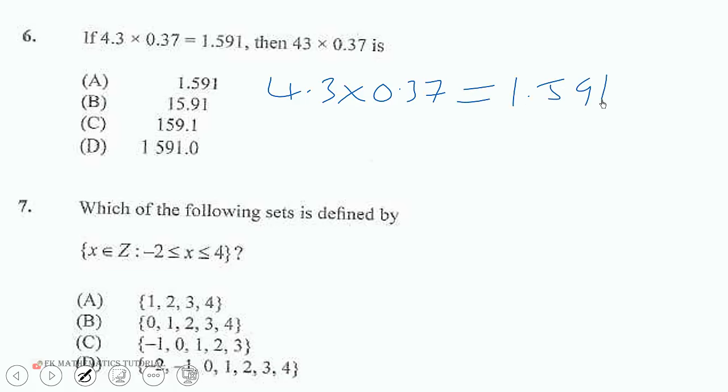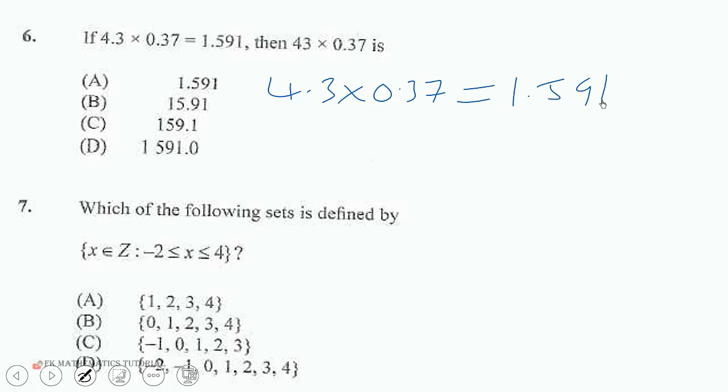So when you times both sides by 10, the decimal point has to go forward once. So we get 43 here times 0.37. Then here too, we have to move the decimal point forward. So it will be 15.91. So the correct answer is B.